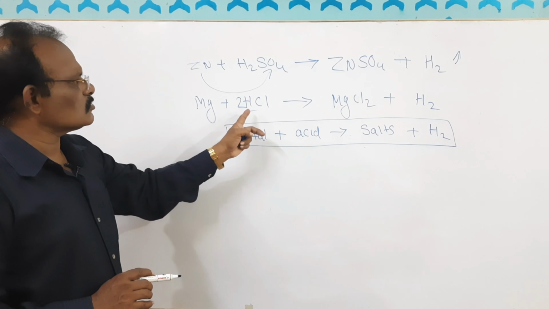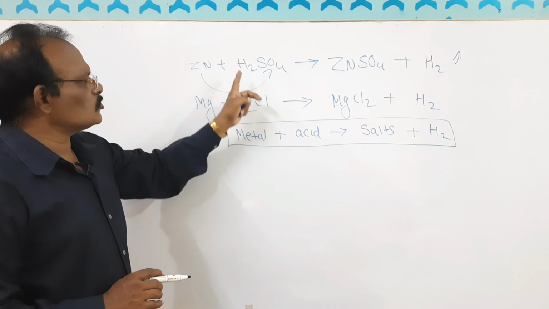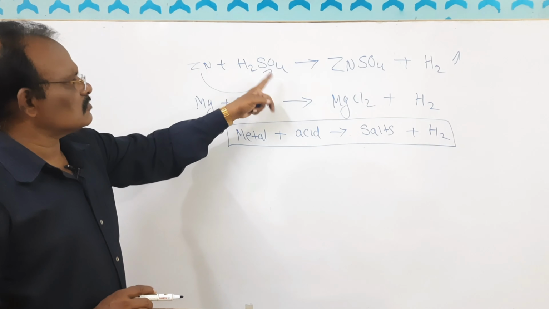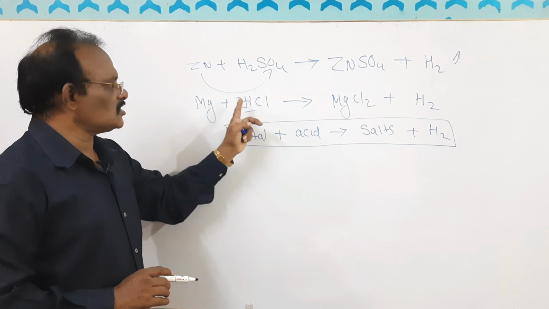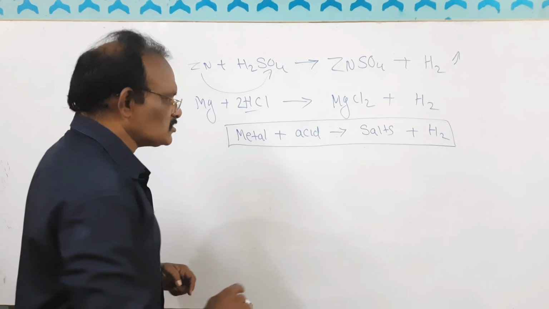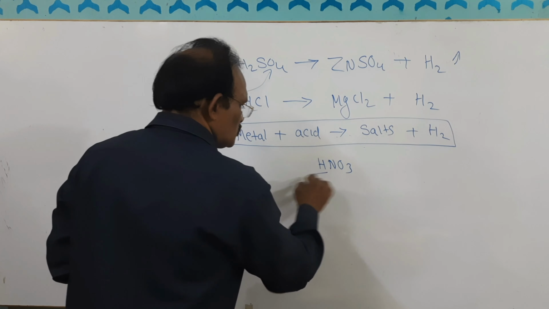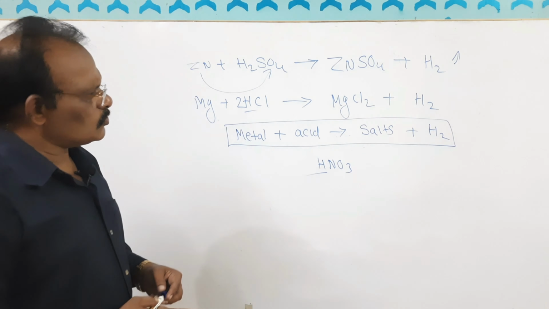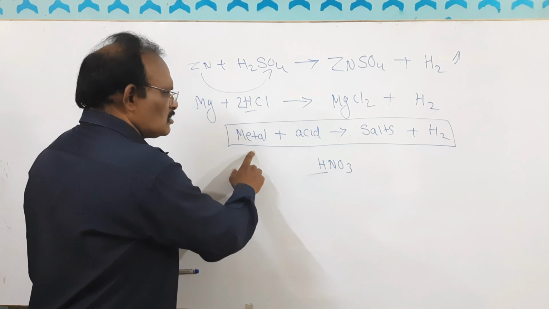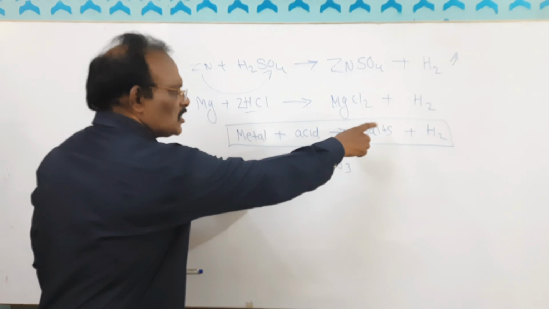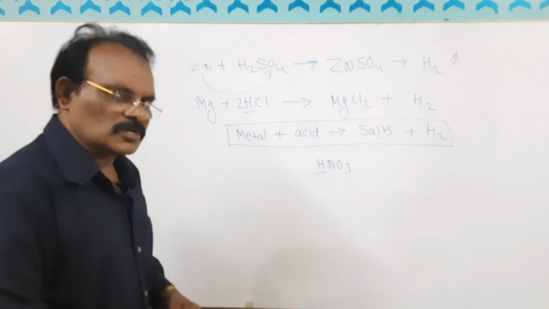Whatever acid you take, there is one common element, hydrogen: H2SO4, hydrogen is common; HCl, hydrogen is common; nitric acid, HNO3, there also hydrogen is common, isn't it? So at last, when a metal reacts with acid, we get salts and hydrogen gas.